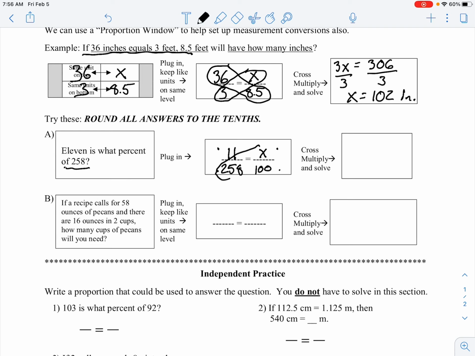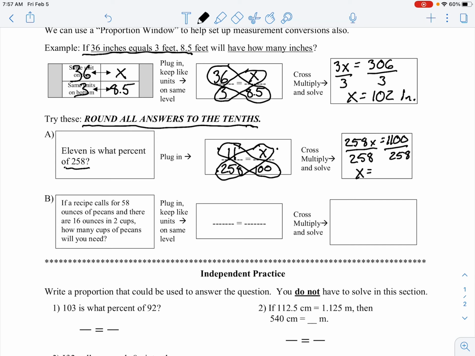And once again, cross multiply, use our butterfly method. So 258x will equal 1,100 when we multiply out 11 times 100. Divide it out. Remember, we can use calculators here. So x will equal, and I will put 1,100 into my calculator, divide by 258. It's asking us to round to the nearest tenth.